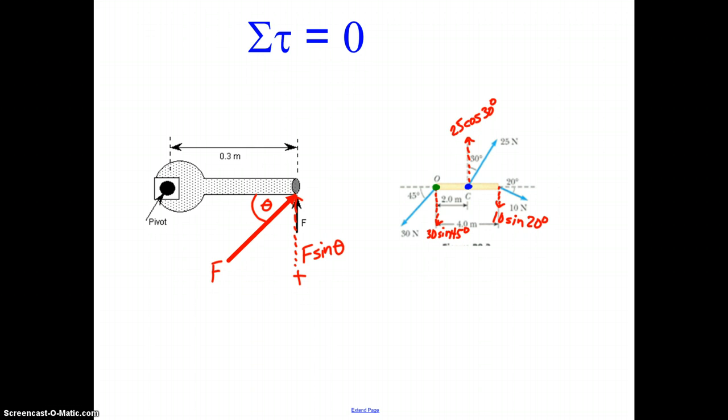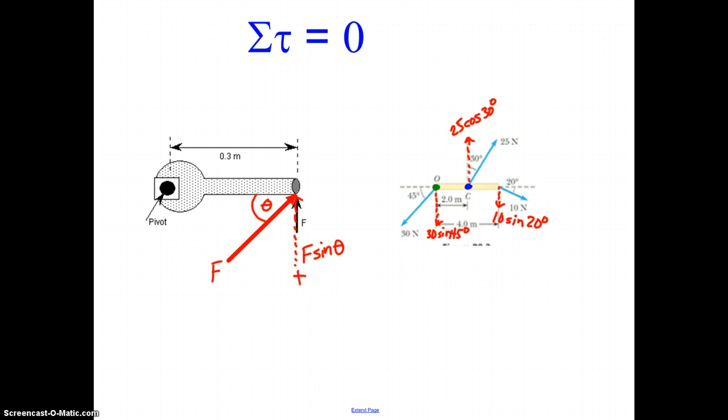What we mean by that is that you want to select a pivot point that eliminates a force that's unknown causing torque. The reason you would want to do that is if you have more than one force that's unknown, you want to select a pivot point so that you eliminate some of those forces causing torque. And why would that be?